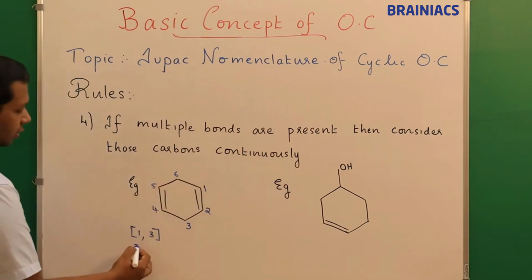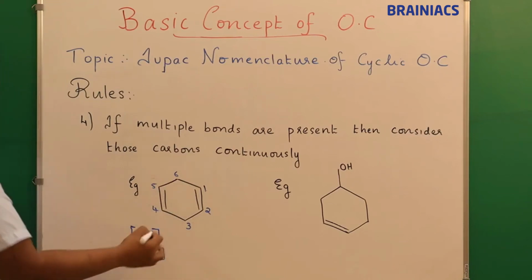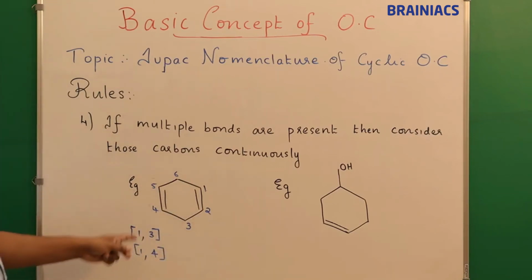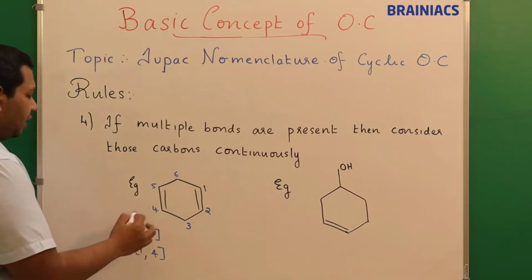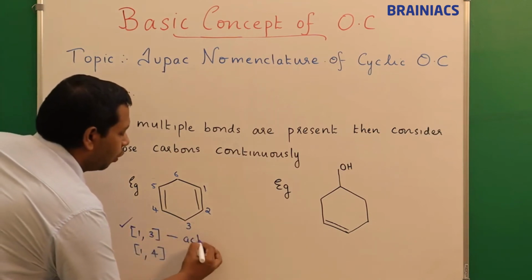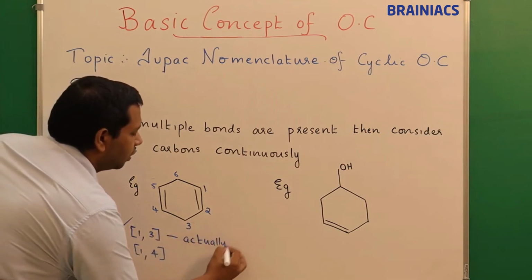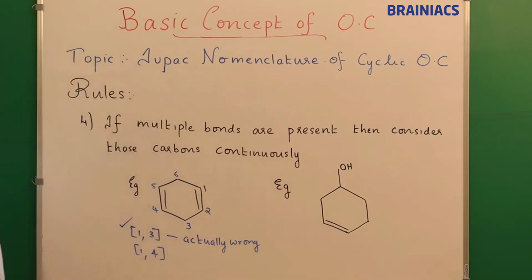Here 1 and here 4. Some students will do like this and think, sir, with this locant set I understood this is the correct numbering, and they will go for this. But this is actually wrong. That is what the rule says. Why? Actually this is wrong.